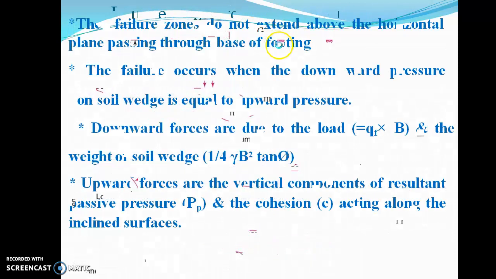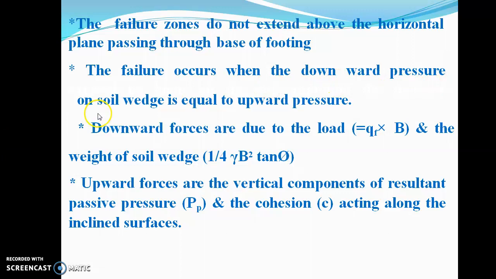Then failure occurs when downward pressure on soil wedge is equal to upward pressure. Downward forces are due to load QF into B and the weight of soil wedge. That weight will be given by 1/4 of gamma B square tan of phi. Upward forces are vertical component of resultant of passive pressure, PP and cohesion.